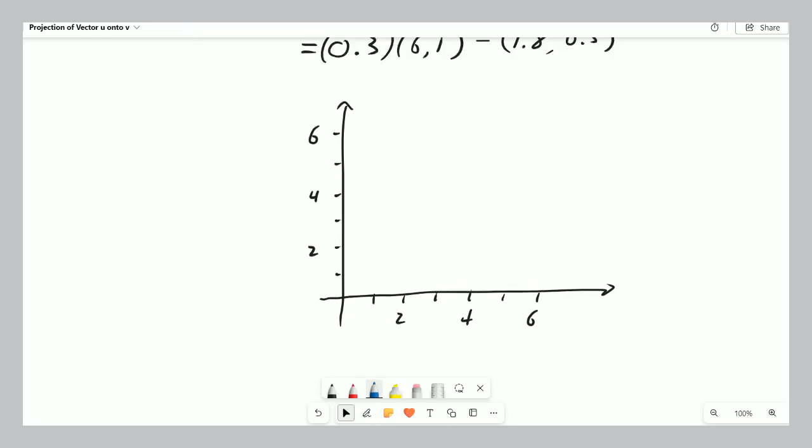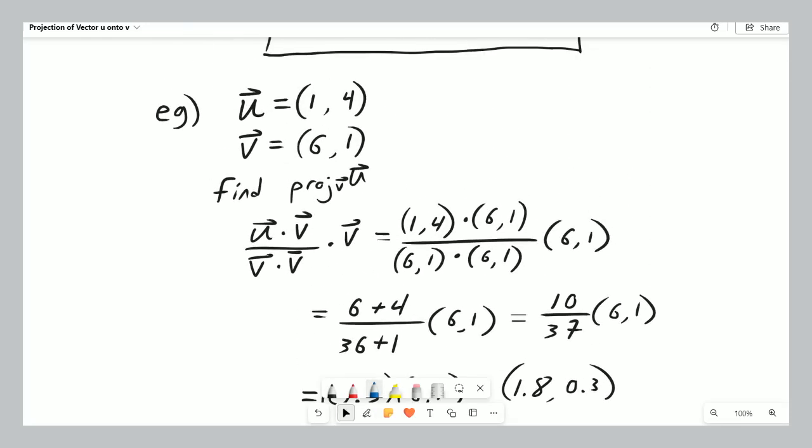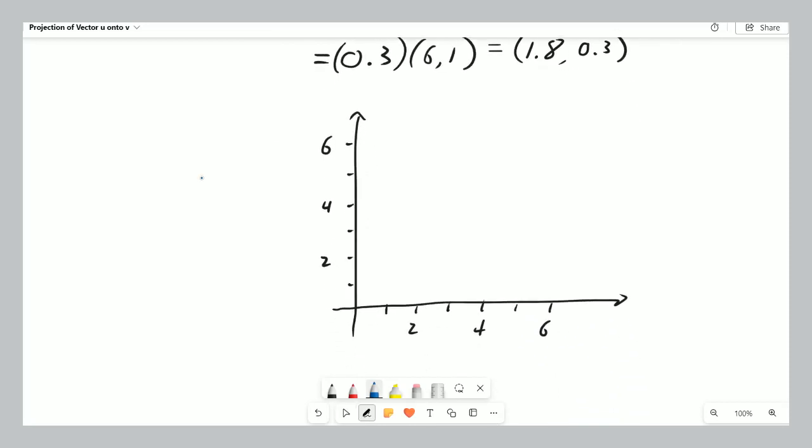Let's start with our original vectors. u is 1, 4, so that would be right here. And v is 6, 1, so that would be right here. So the projection of u onto v, if we were to look at it graphically, it should be this vector here.